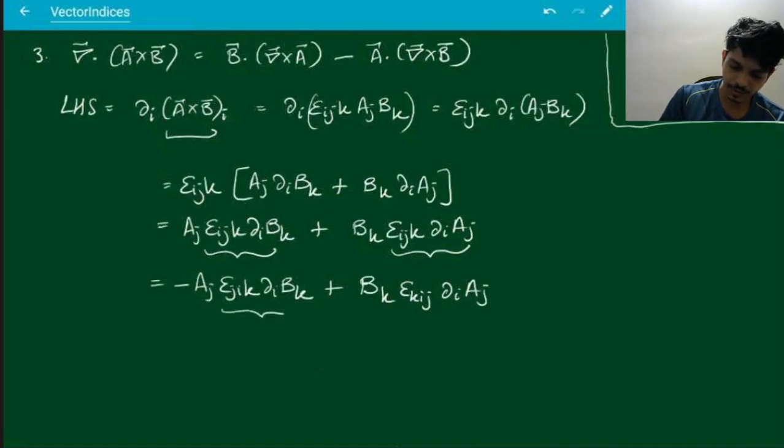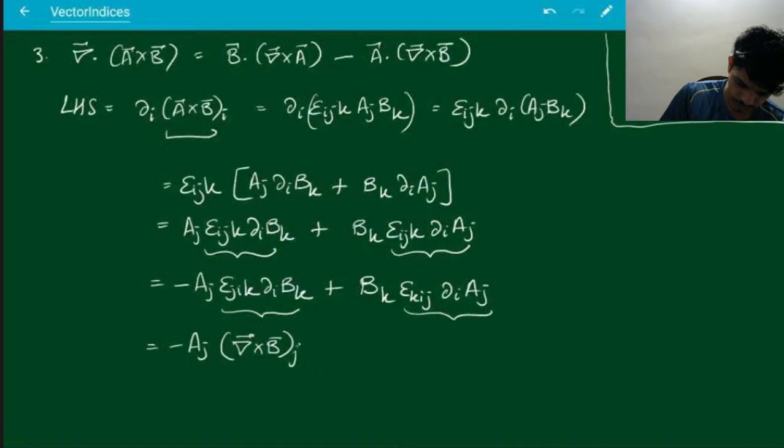Now this has become a cross product, this has become a cross product. So this is minus a j. What I have over here is the cross product of del and b, so del cross b, and it's the jth component. Similarly over here, what I have is the kth component of the cross product of del and a.